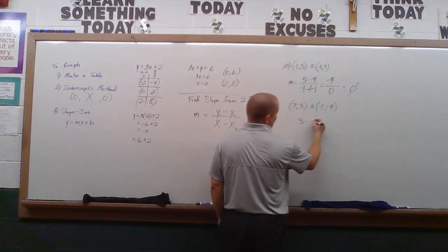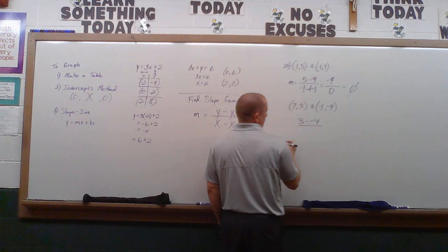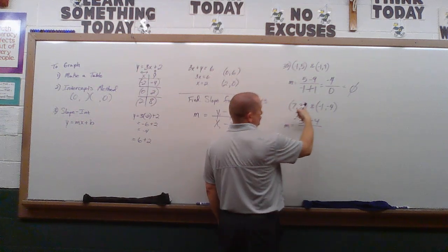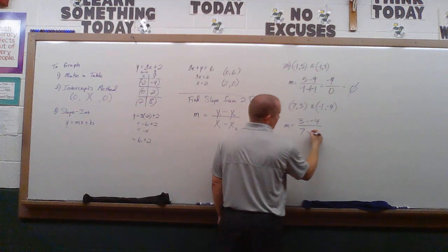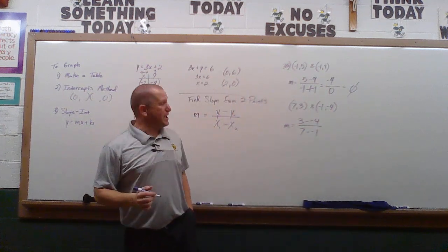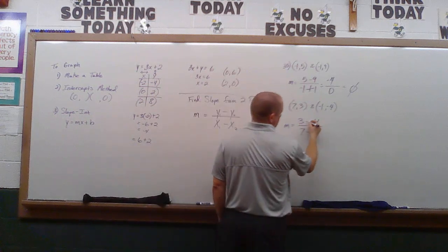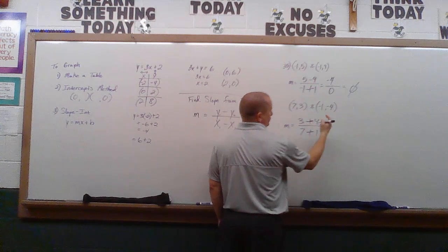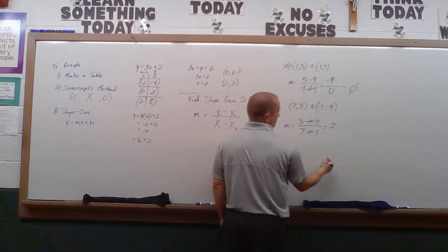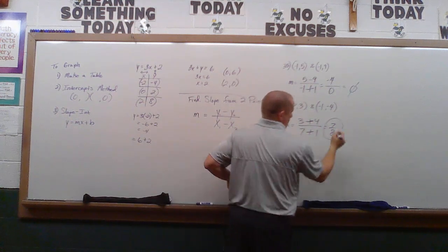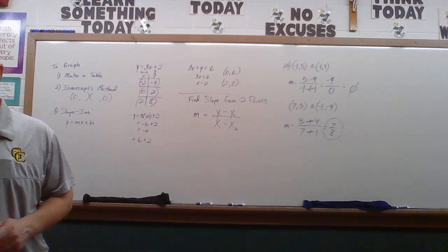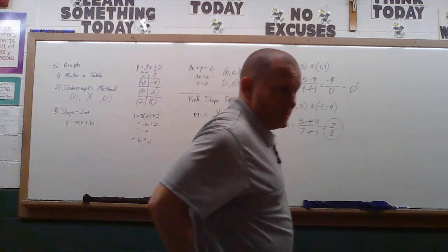So 3 minus -4 over, because Grace said 3 first, we have to use 7, and 7 minus -1. Again, back-to-back negatives means a giant plus sign. So on the top, 3 plus 4, 7 plus 1. And again, our slope should usually be a fraction. And that's okay. Okay?